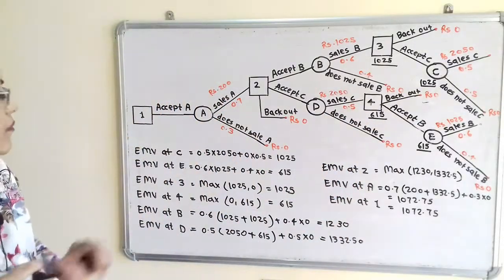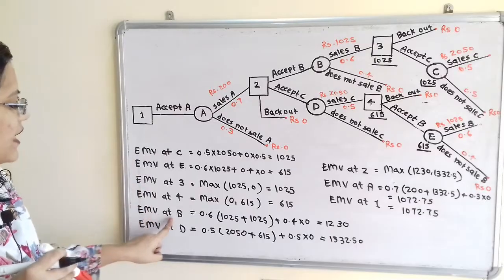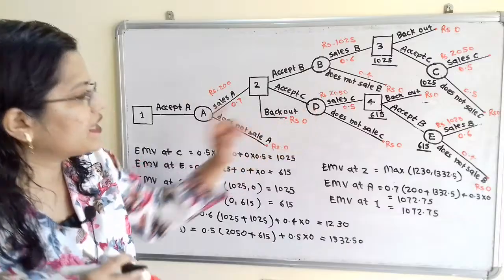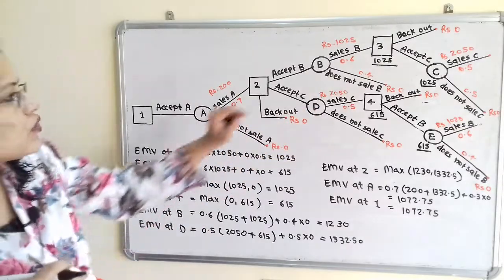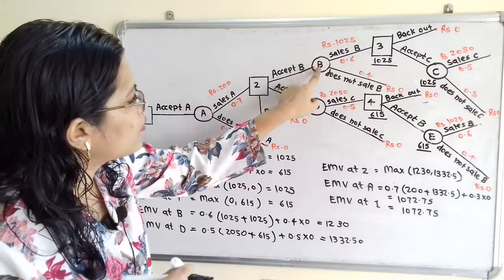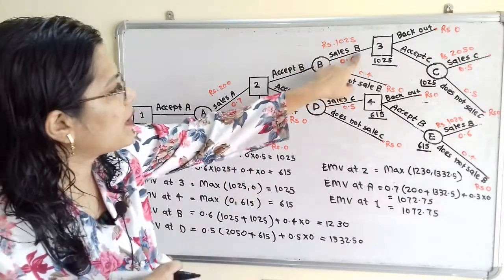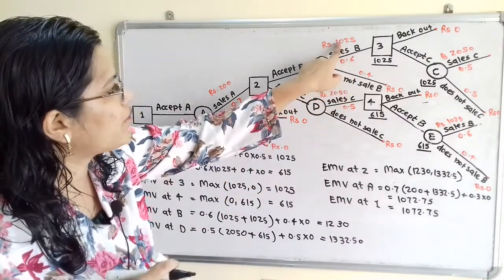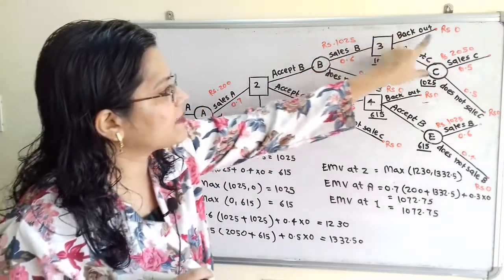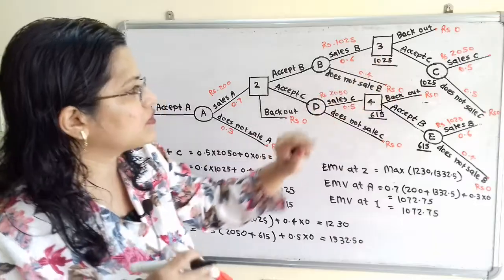Now again we will move to the next, that is EMV at node B. If we observe how to calculate the expected monetary value at B, here the probability is 0.6 with profit 1025, but here we have to select the maximum profit, that is 1025.